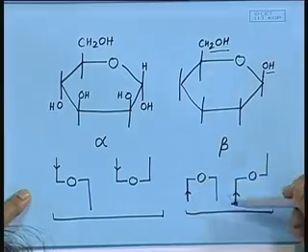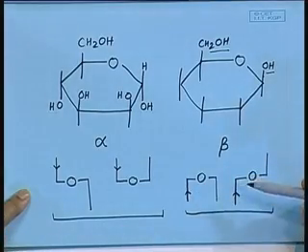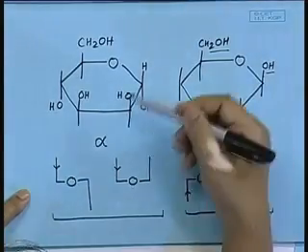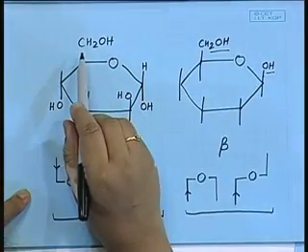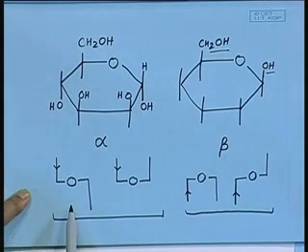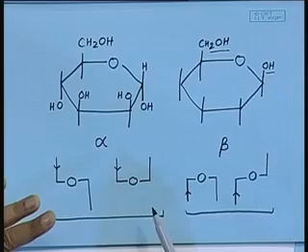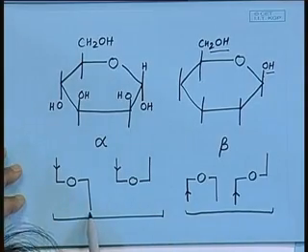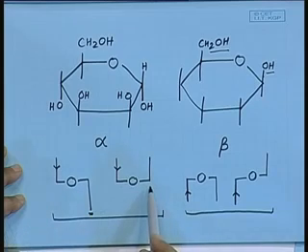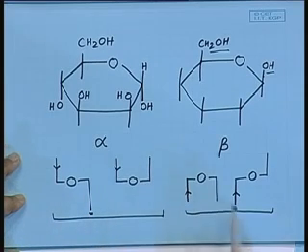So, this would refer to a beta linkage. In this case, it is down. It is trans to the CH2OH. So, this would refer to an alpha linkage. And what it is linking to could be up or down, right? So, we have this either looking like this or like this, and the same thing in the beta case.